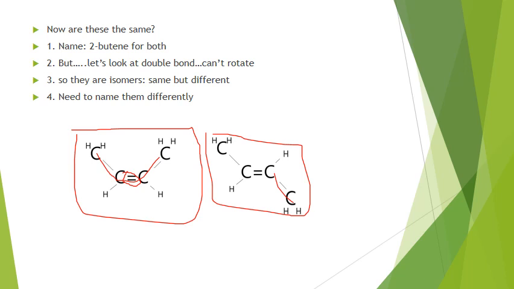You have the double bond, and what you kind of do is draw a perpendicular line through it, and then look at the opposite side and see if the groups are across from it, on the same side, or on different sides. If they're on the same side, this is called cis. If they're on different sides of the double bond, then it's going to be trans.